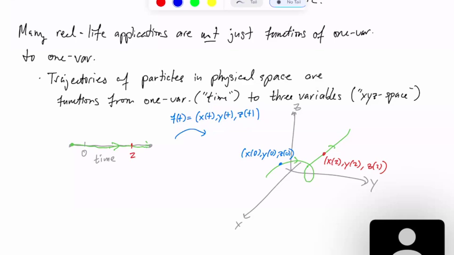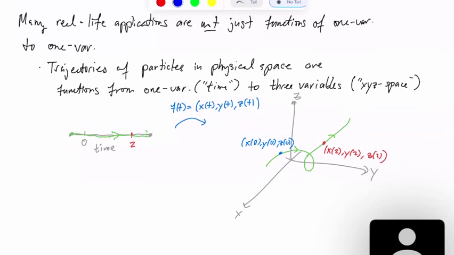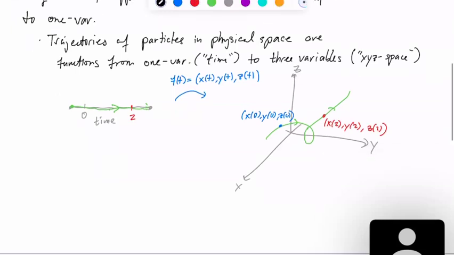So altogether, this f is a function that maps t, which is 1-dimensional, into x, y, and z, which is 3-dimensional. So trajectories are, physically speaking, probably the simplest model of a function that is not a one-variable function into another 1-dimensional space. It's a one-variable function that takes place in a 3-dimensional space. That's one example: trajectories.